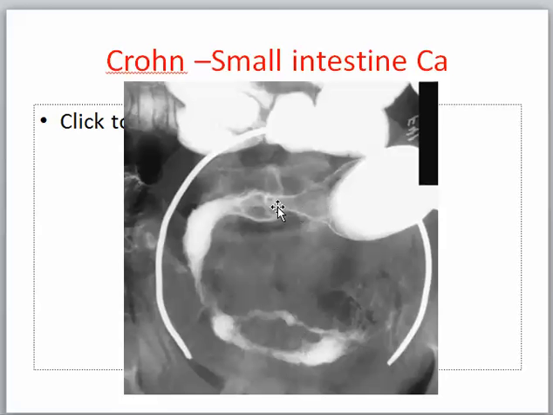Here we have involvement of this loop, and there is a large filling defect within the loop, and there is a space occupying lesion in this area, which are the lymph nodes. So lymph nodes, loop involvement with secondary mucosa, and polypoid appearance constitute sequelae of Crohn's.